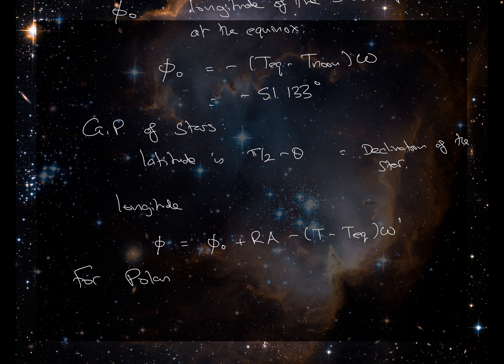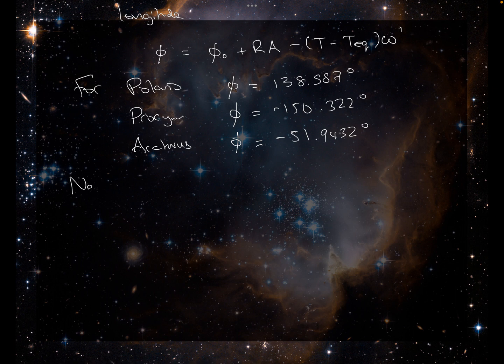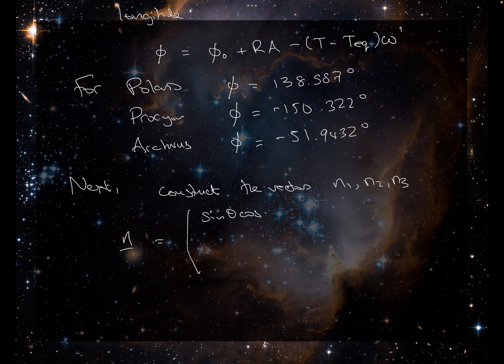For Polaris, this gives phi as 138.587 degrees. For the other stars, we get minus 150.322 degrees and minus 51.9432 degrees.